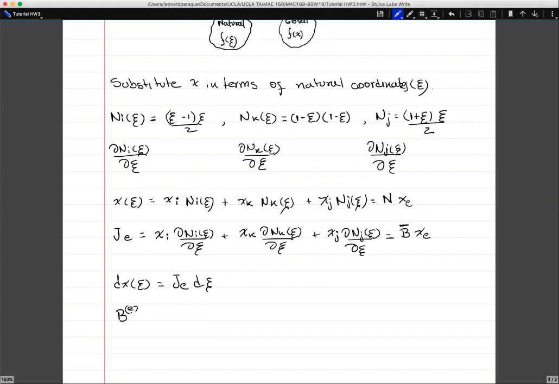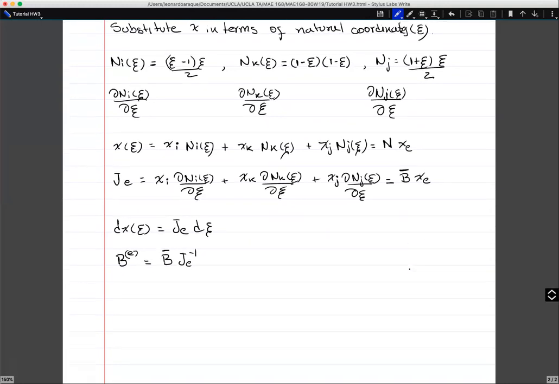But now we want these derivatives of the shape functions to be in the natural coordinates. So we're going to take this b bar and multiply it by the inverse of the Jacobian to accomplish this. So I think we are done. Let's check it out.